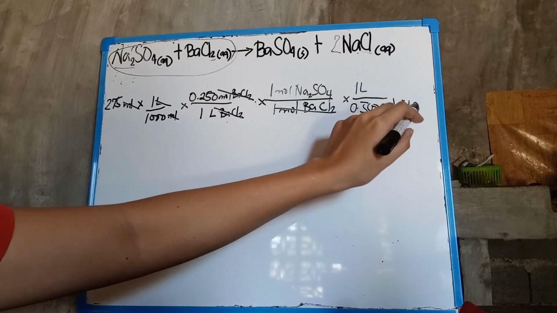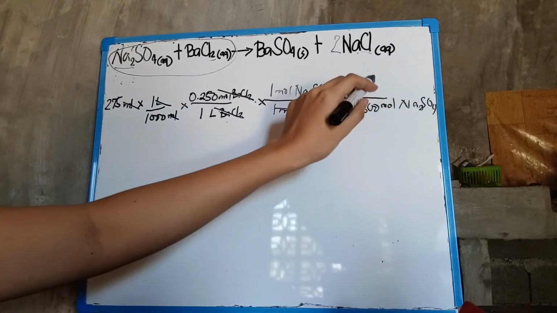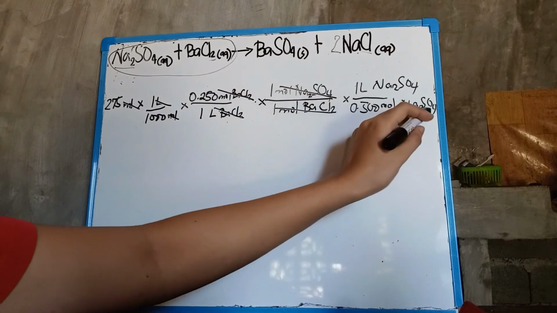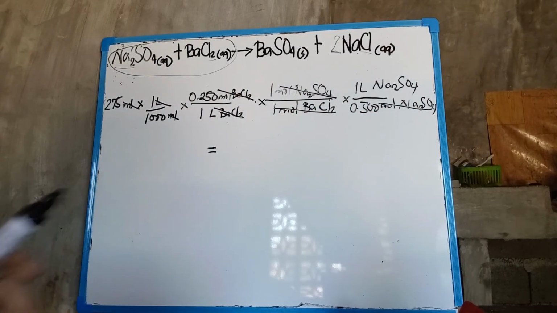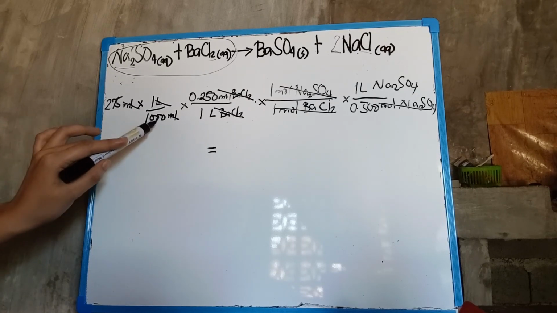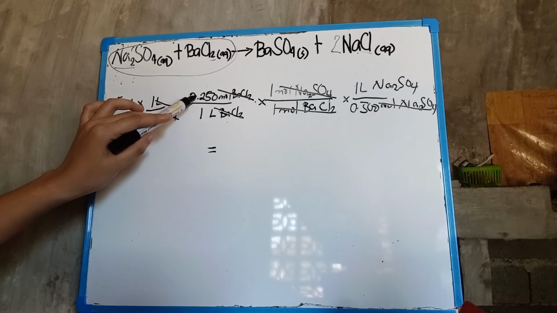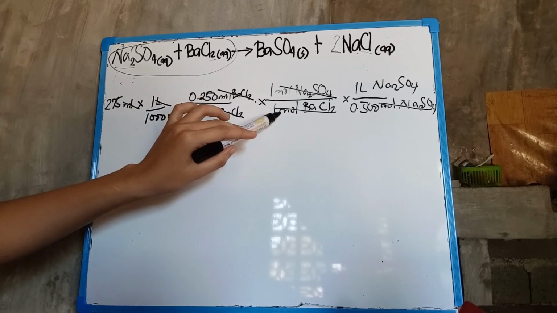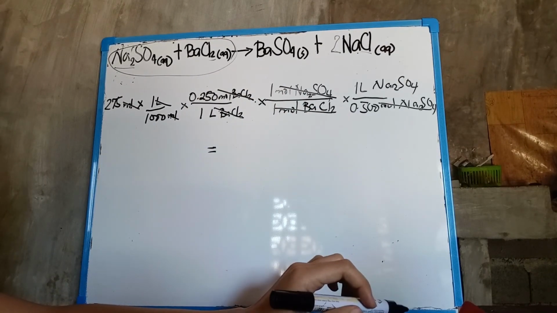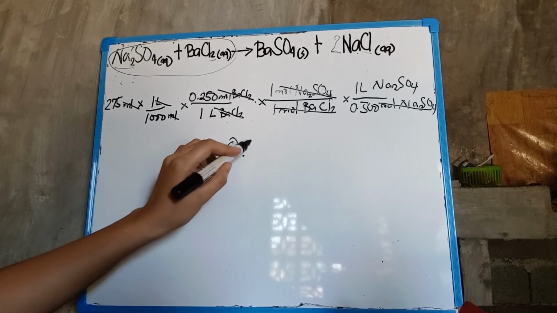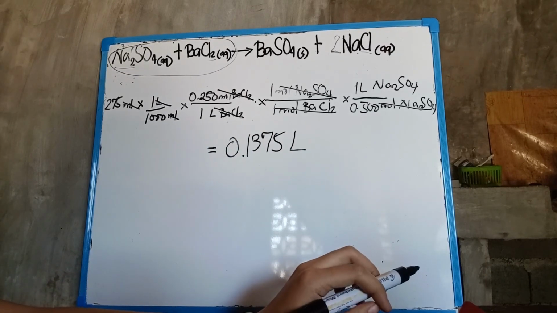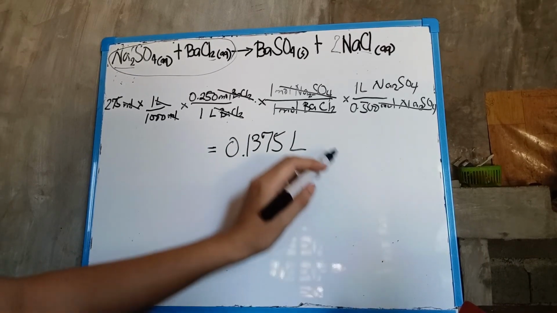This is Na2SO4 over Na2SO4, so cancel out this one. So we can now have our final answer. 275 divided by 1,000, multiplied by 0.250 divided by 1, and then divided by 0.500. So our answer is 0.1375 liter. So that is our final answer.